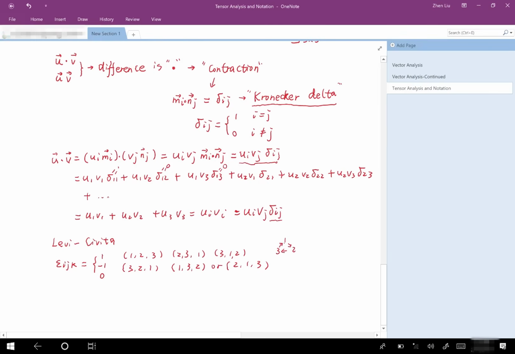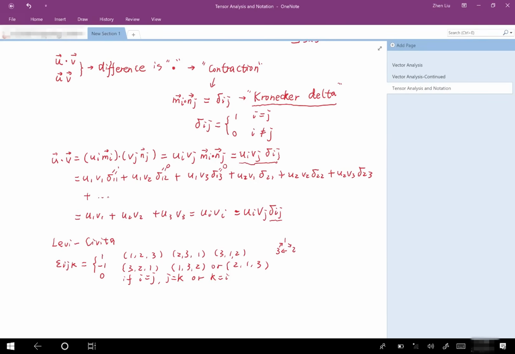If it goes in a specific direction like this, it's 1. But if it's not one direction, for example, it's like 1, 3, 2. In this case, if it's clockwise, then it's 1. If it's counterclockwise, it's -1. And it's 0 if i equals j, or j equals k, or so. It's 0 as long as any of the conditions is satisfied.